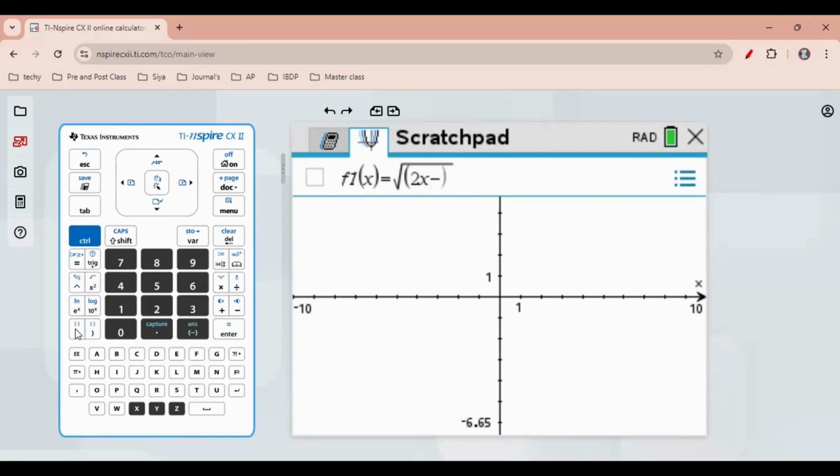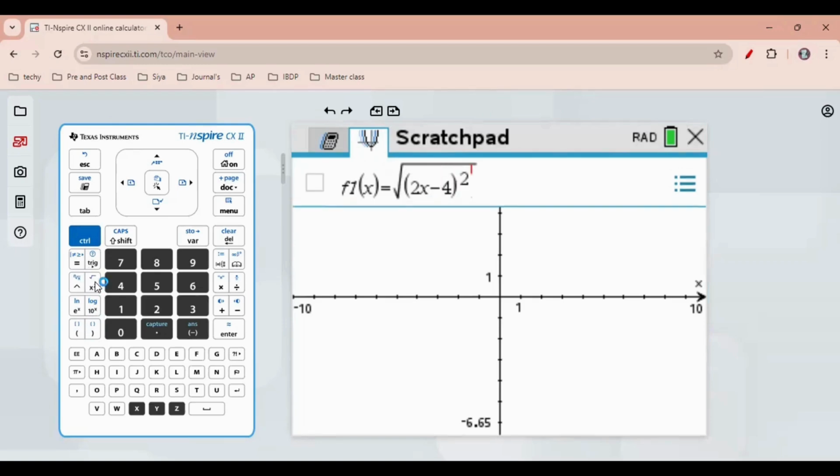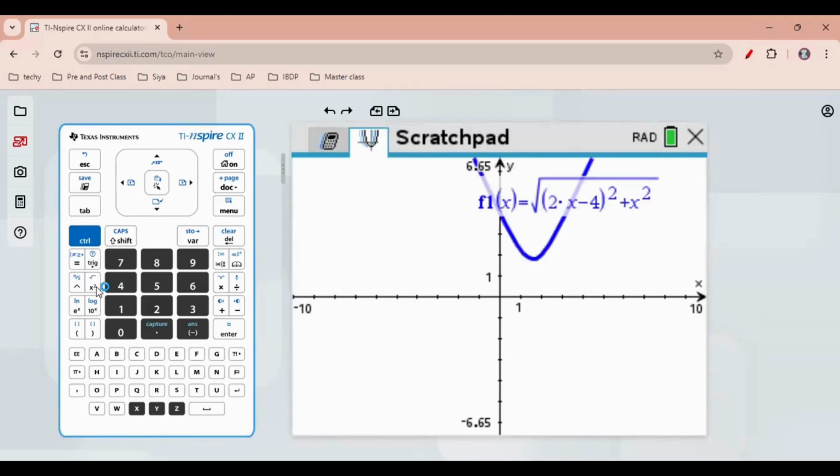Actually we have r, but here you can treat it as x. Then inside the square root itself, we have r square, which here we treat as x square. That's it. This is my function, and let's graph it.